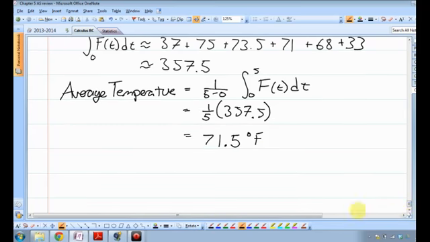And lastly, we're supposed to do the integral from 0 to 5 of f prime of t dt. Okay, and this is the fundamental theorem of calculus. The integral of a derivative is the function.